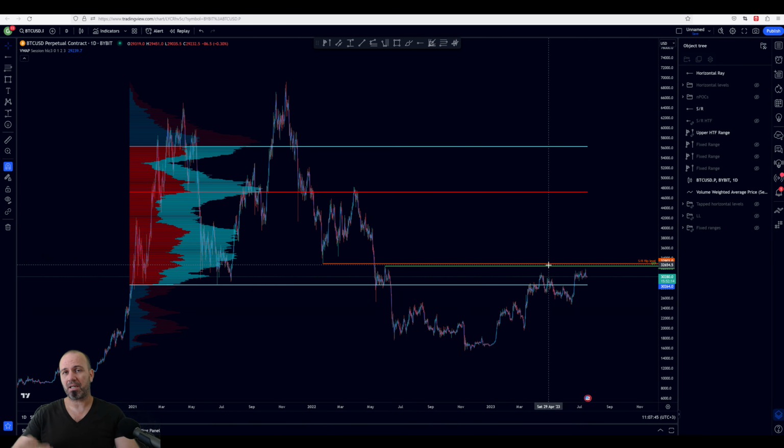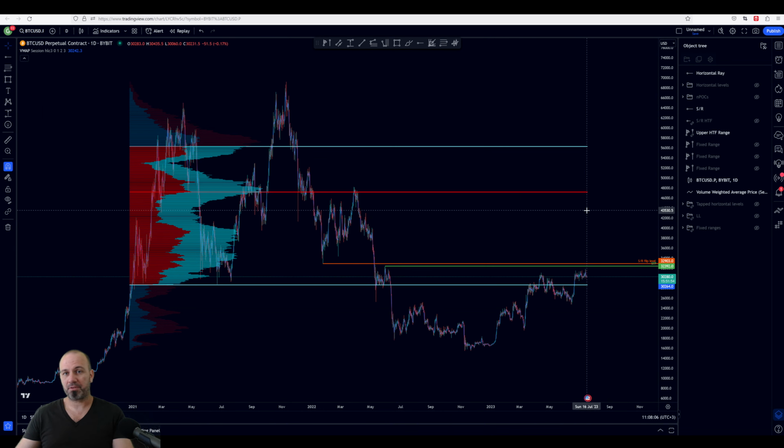Obviously, in between there are levels to trade, but overall, on the high time frame, if this level would be claimed, this entire section of the chart, and especially this level, the 32,900, right? If this level is claimed and flipped to support, then more upside is possible.